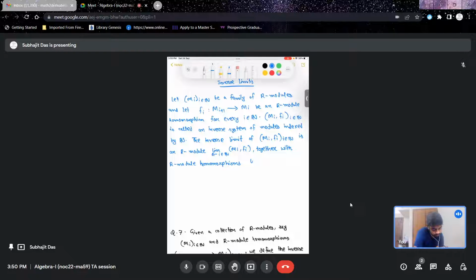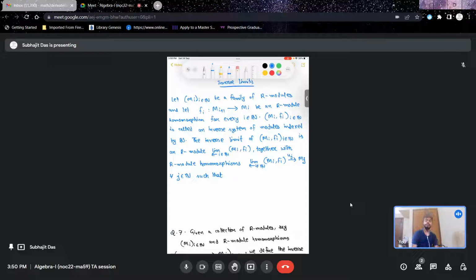Let's call this uj, for every j in natural numbers, together with R module homomorphisms for all j in natural numbers, such that this particular pair, this inverse limit together with these arrows, is universal.